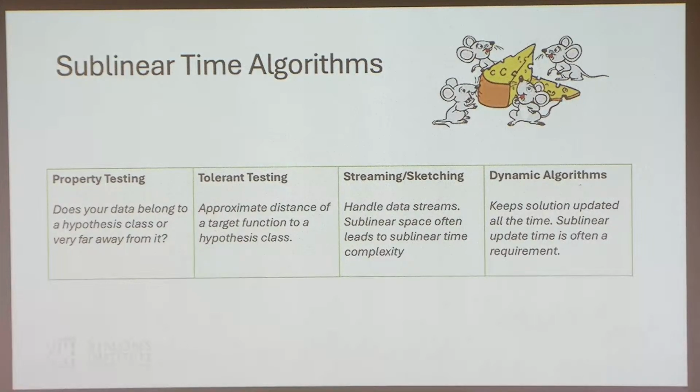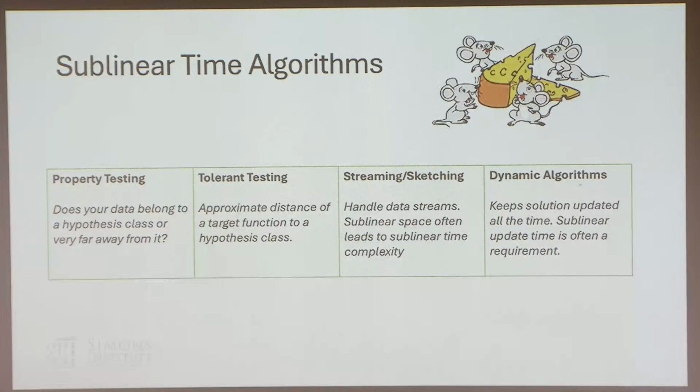Streaming and sketching handles data streams. Their main focus is on sublinear space complexity, but sublinear space complexity often also leads to sublinear update time, so sublinear time algorithms play a role in streaming and sketching as well. The other part is dynamic algorithms, where your data is changing and you have to update your solution as the data changes.